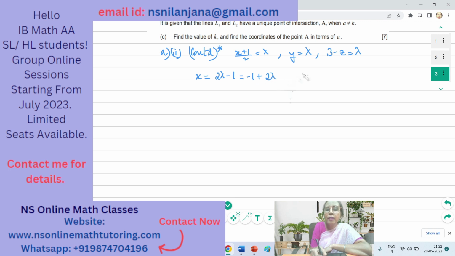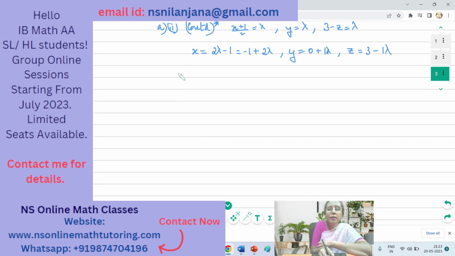So -1 plus 2 lambda. y is equal to lambda, this means y is equal to 0 plus lambda. Lambda or 1 lambda, anything. We do not write 1 explicitly. If it is lambda, obviously it is 1 lambda. And z will be equal to 3 minus lambda, or 3 minus 1 lambda. Okay?